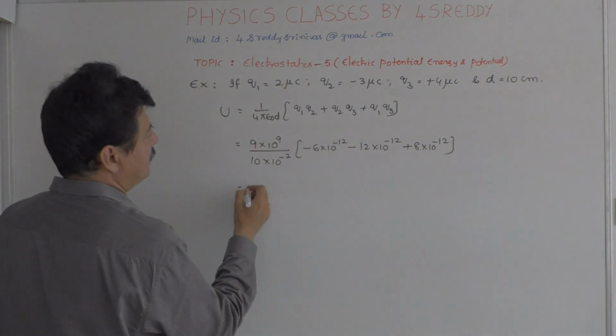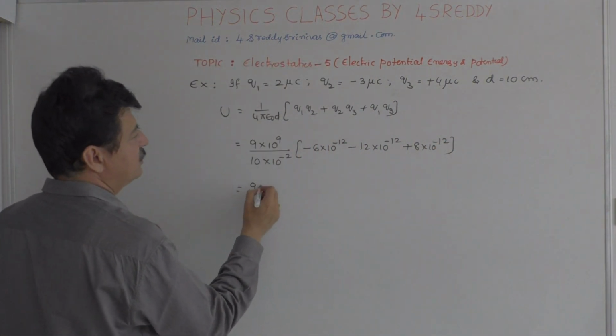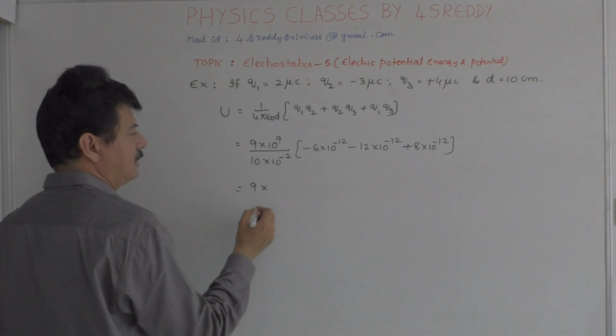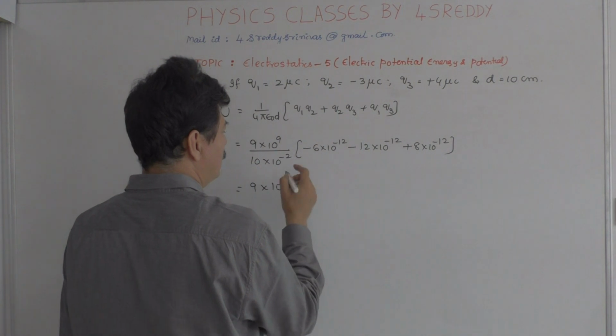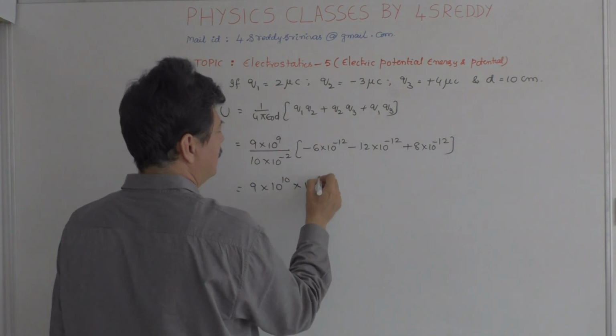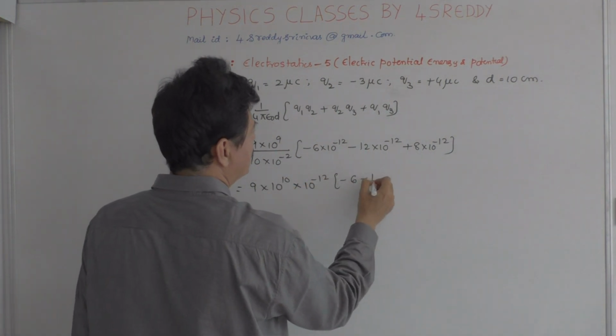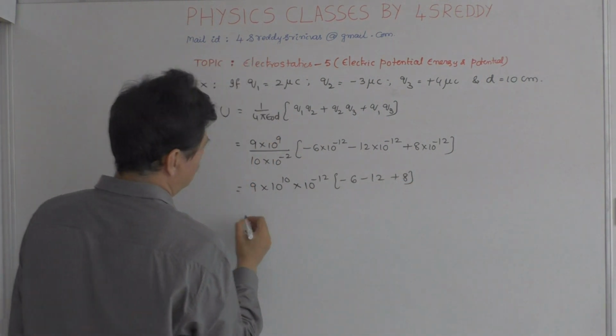This is 9 into 10 power 10, because 10 power minus 1 goes up, into 10 power minus 12, times minus 6, minus 12, plus 8.